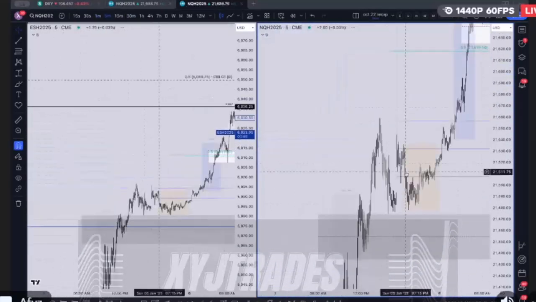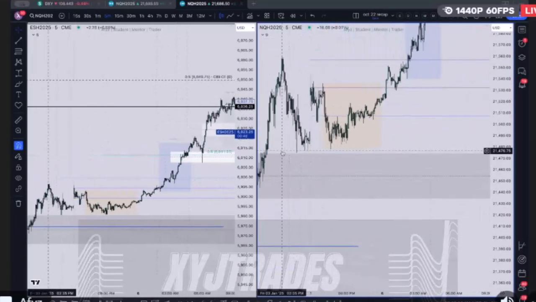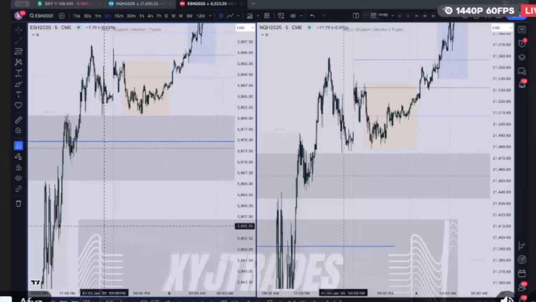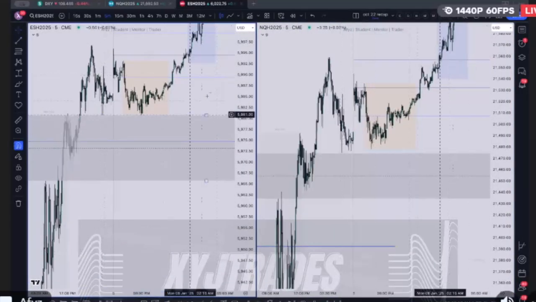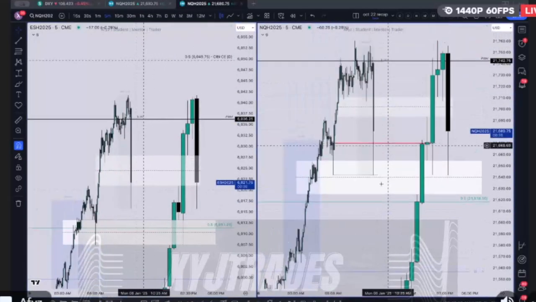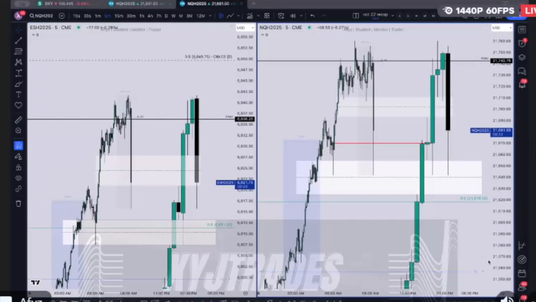Let me go back down to a lower time frame. We saw equal lows here, these Asian lows on the ES. So equal lows can be bullish depending on the context, or it can be bearish if we're engineering liquidity to go lower. We just don't have a confirmation of order flow yet.